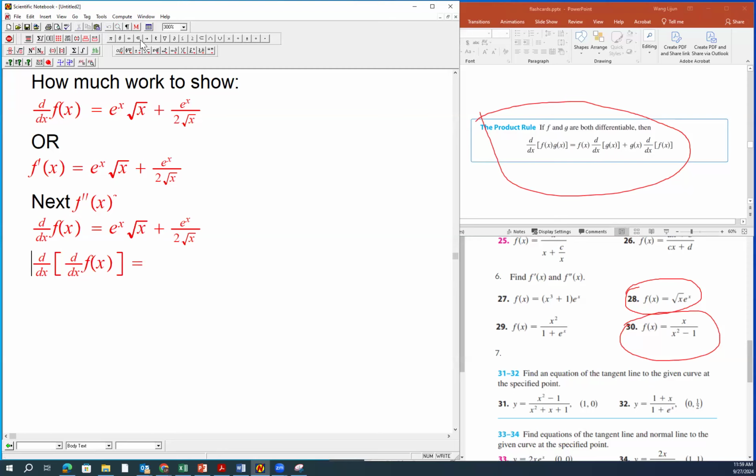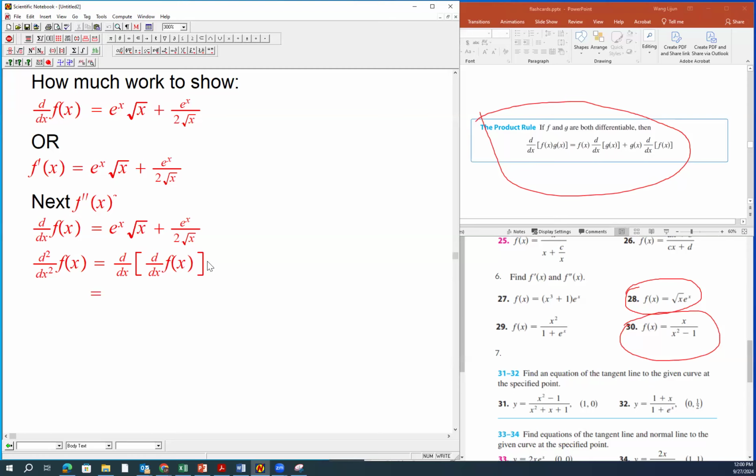It's also written in this form, d squared y over dx squared. And of course, we didn't have y introduced here, so we just replace y by f of x. Write it like this. Please practice using these notations.